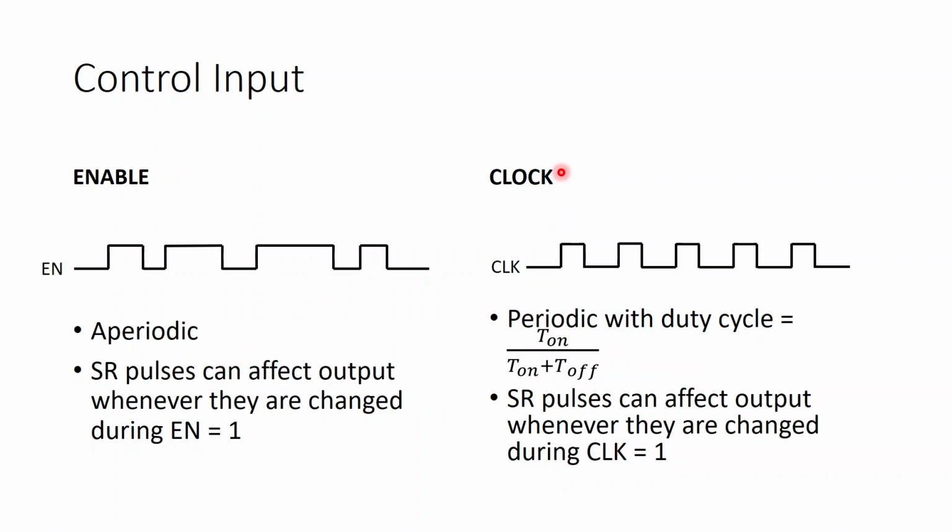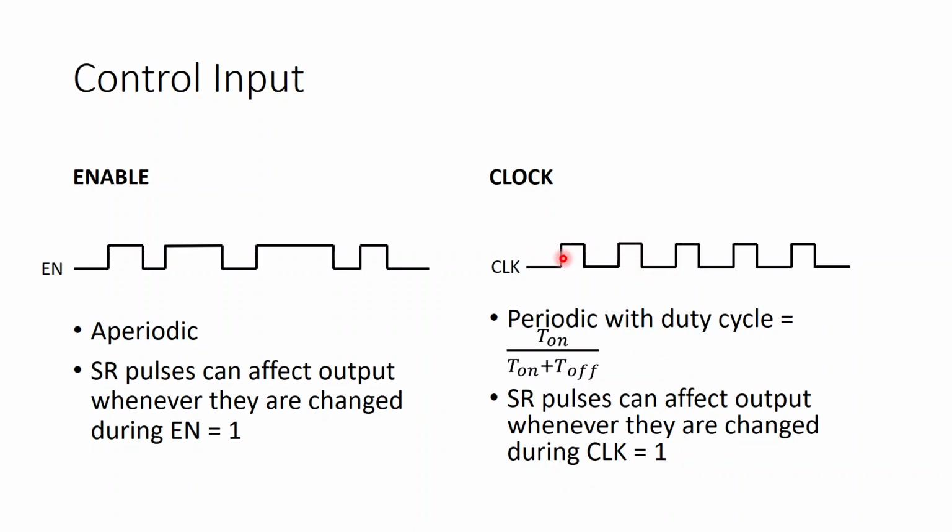Okay, what about the clock? The clock is also like this enable signal only, but we have made the cycle periodic. And the duty cycle of the clock is defined as on time by total time period, that is, on time by on time plus off time. Here also SR pulses can affect the output whenever they are changed while the clock is high. That is true.